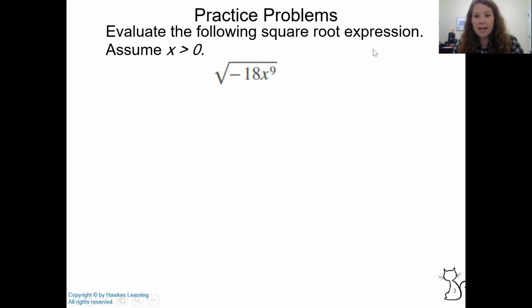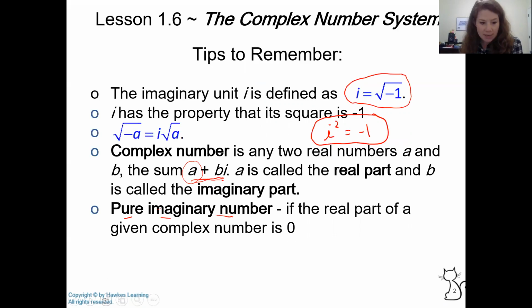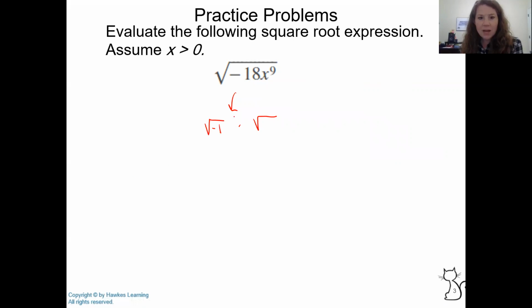So let's look at the square root of negative 18 x to the 9th. We're going to rewrite it as the square root of negative 1 times the square root of positive 18 times the square root of x to the 9th.